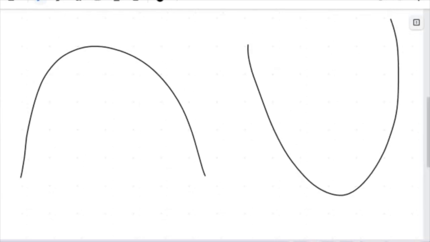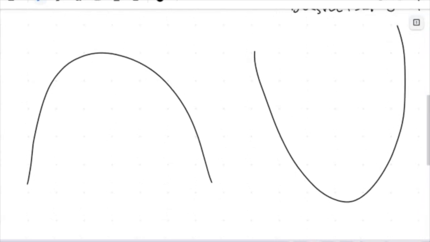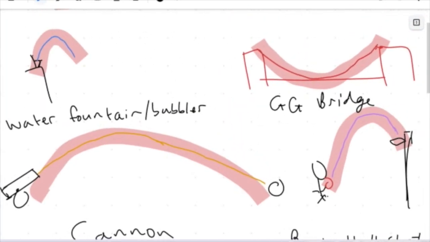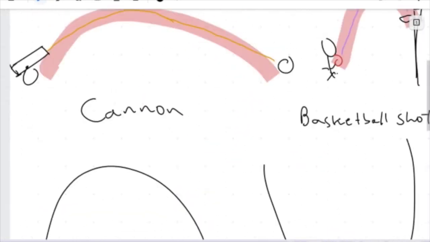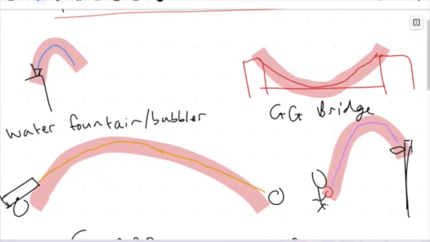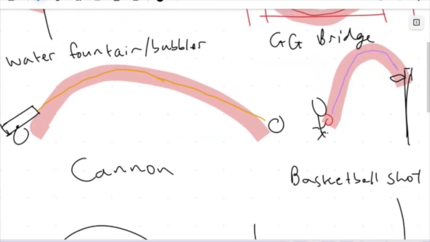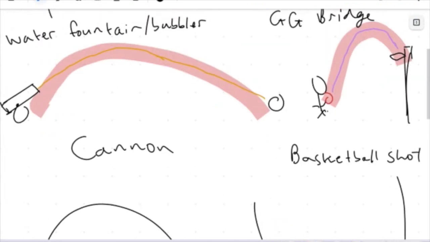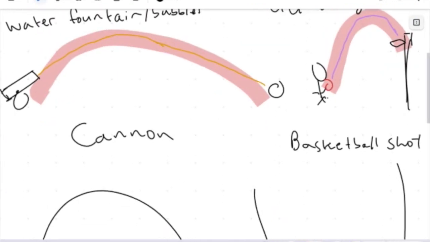So what kind of similarities do we notice about both of these? If we compare this first one on the left, we see that we start down the bottom and it goes up to some kind of maximum point. This maximum point is where this thing turns.